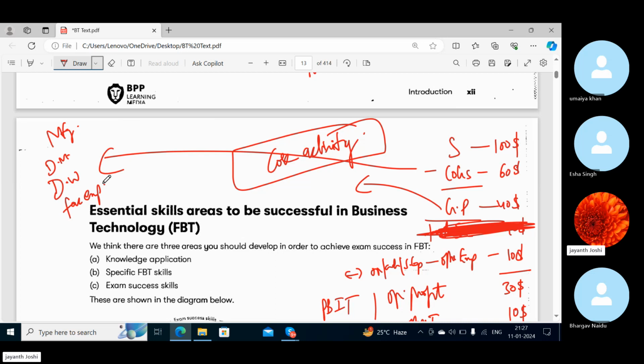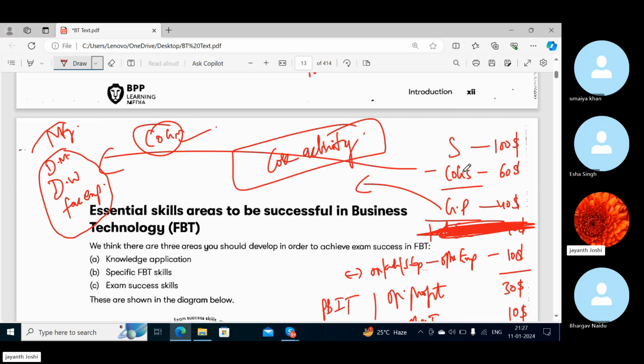Let's say it's into trading. For a manufacturing company you have to find out COGM, cost of goods manufactured, not COGS, cost of goods sold. There are a lot of differences, but let us generalize the concept. So these all are my direct expenses. When I remove all these direct expenses from sales, I get the profit. The resultant profit is gross profit.